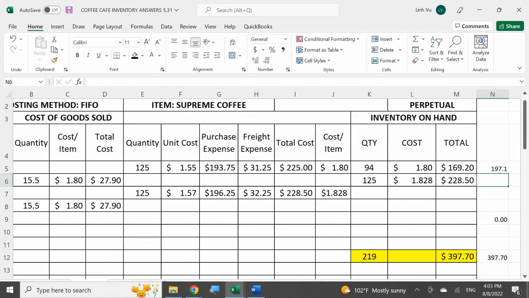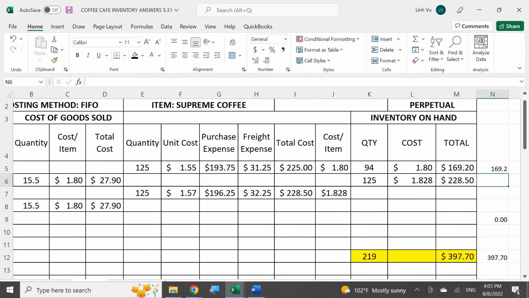You had it right. So again, if you want to ensure that the math was correct, we started with 197.10, and we just sold another 27.90. Does that give me 169.20?